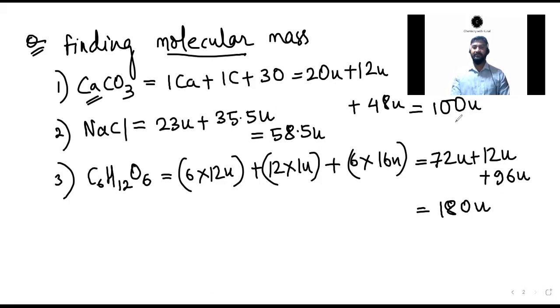For CaCO3, 100. For NaCl, 58.5. For glucose, 180 U.